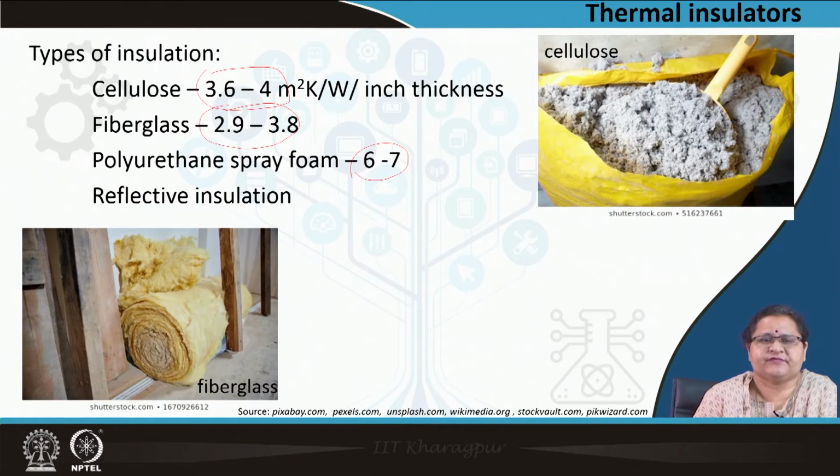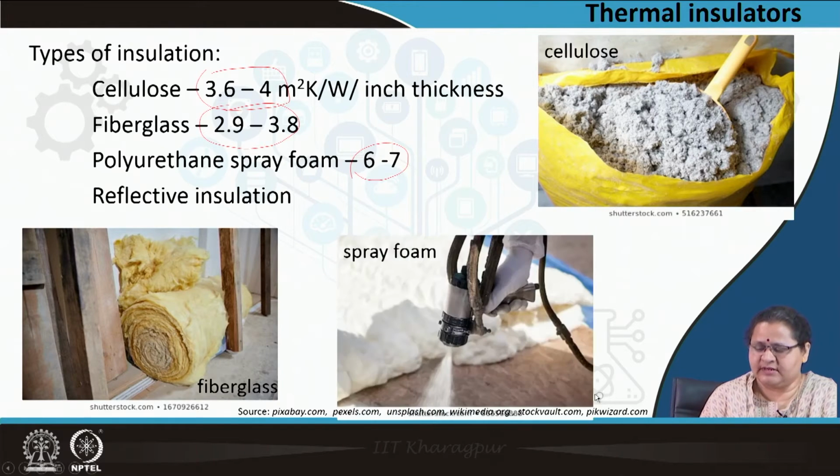You see this is fiberglass. It is available in roll form, you can see it is rolled. We have discussed fiberglass in the module where we covered glass. We will come to that again. Polyurethane spray foam, how does it look?